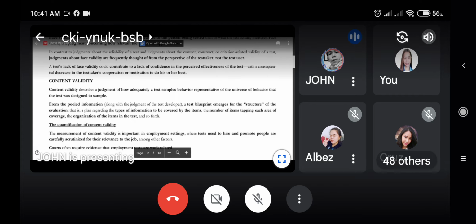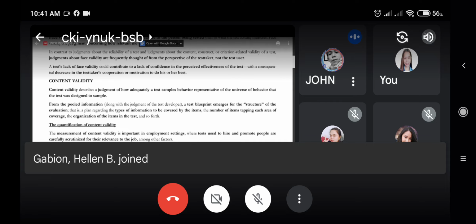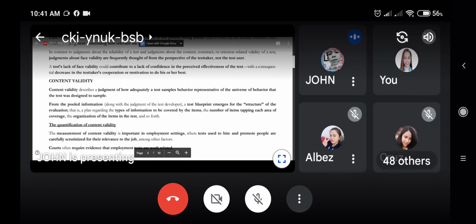Titingnan mo ngayon, if you're doing content validity, you will be referring to the TOS to see if all this na-reach ko ba yung required na 20 items ko coming from the reliability module. Na-reach ba yung 20 items coming from the validity module.